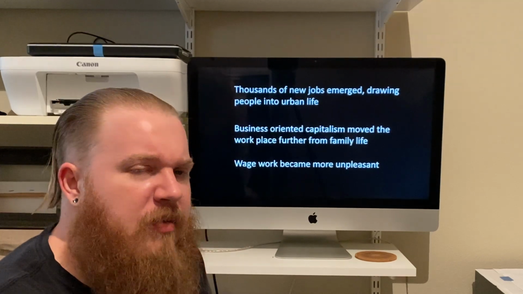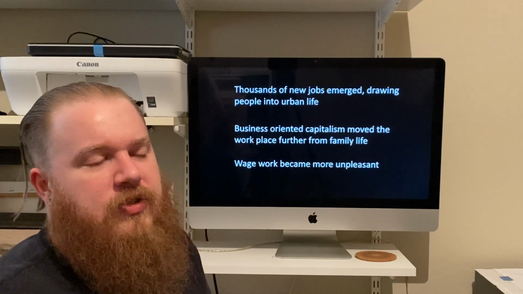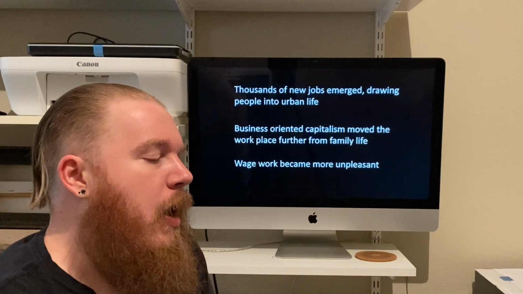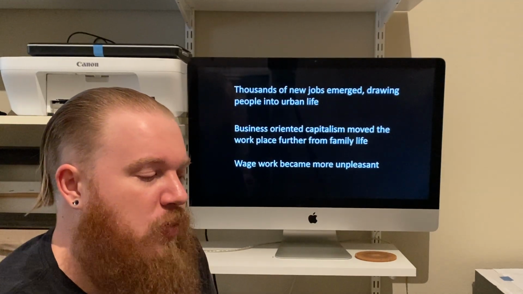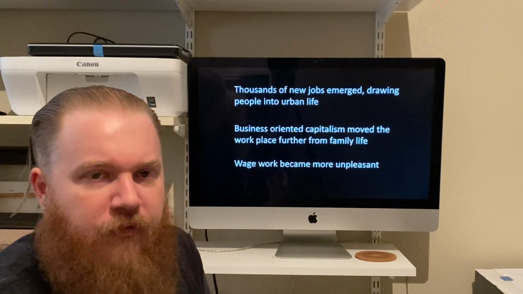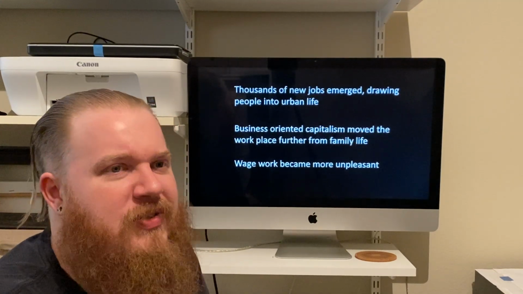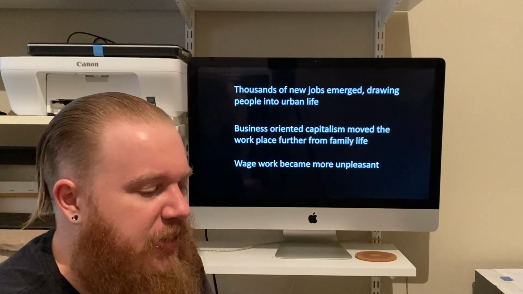So we see a lot of people drawn into urban life for the first time. They're leaving rural life on the farm and moving to big cities. We also see business-oriented capitalism move the workplace further and further from family life. So we're working long hours in a factory as opposed to working in our homes, et cetera.